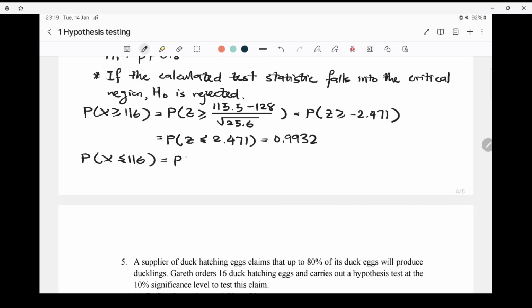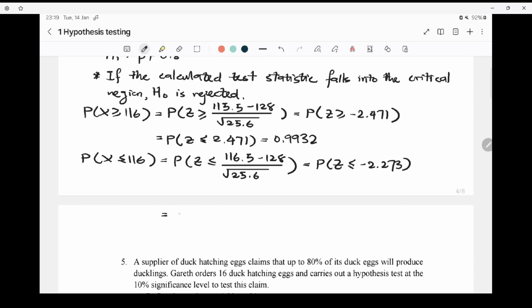So this will be P(Z ≤ (116.5 − 128)/25.6). So this is P(Z ≤ −2.273).